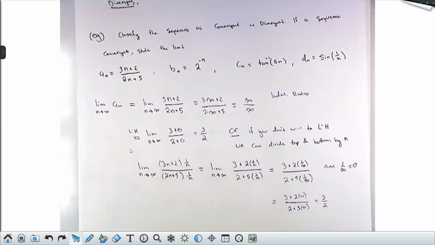This second way of approaching the problem, where you divide top and bottom by whatever the largest power of your variable is, by whatever the fastest growing term is, I call renormalization. And it's a very useful trick. It gets you around using L'Hopital's rule. Let's look at the others.